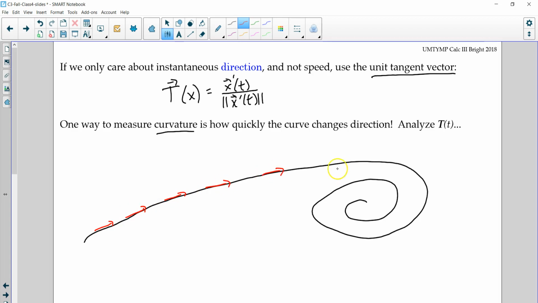Right when it starts to spiral, that's when the unit tangent vector starts to change direction quickly. Over here at the beginning of our curve, the unit tangent vector was kind of steady, pointed in one direction and didn't move a whole lot, but by the time we got to this right side of the curve, the unit tangent vector is changing quickly.